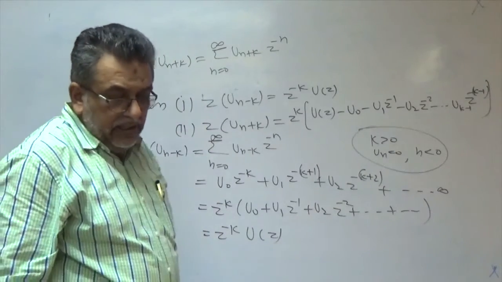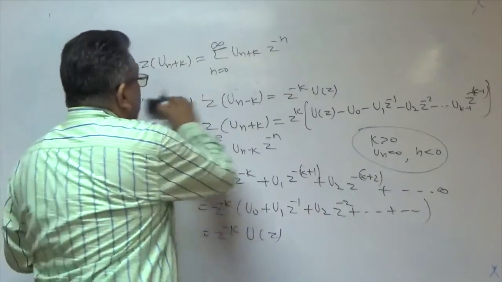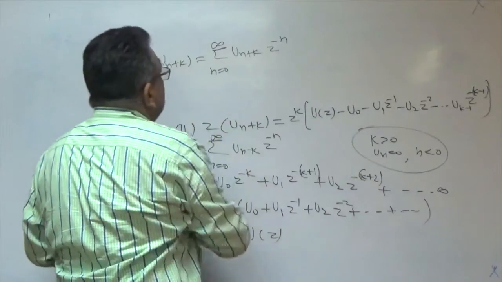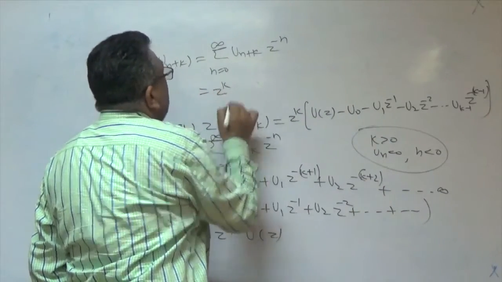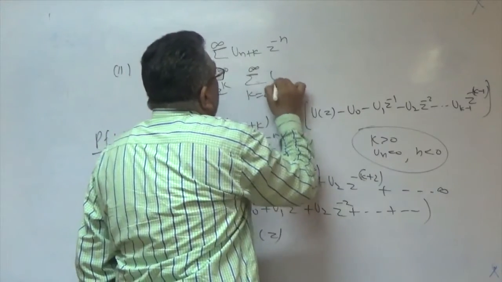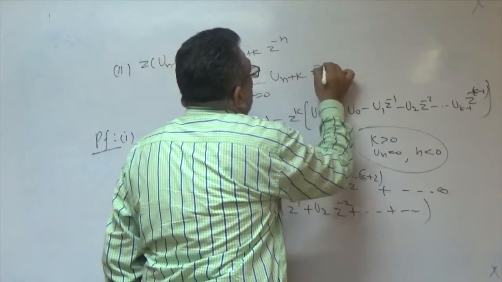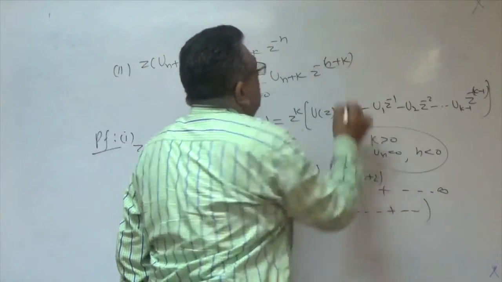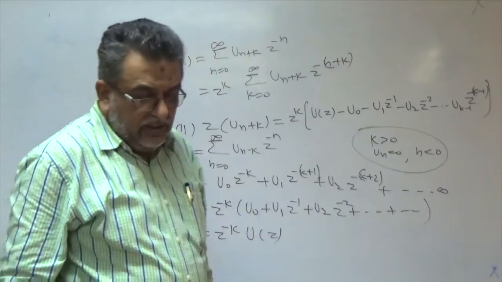It can be manipulated: if we multiply by z to the power k and divide by z to the power k, it combines with n plus k, giving z to the power minus (n plus k). The equation is in this form.